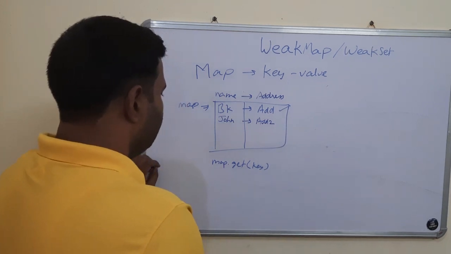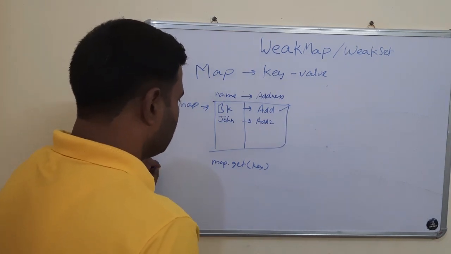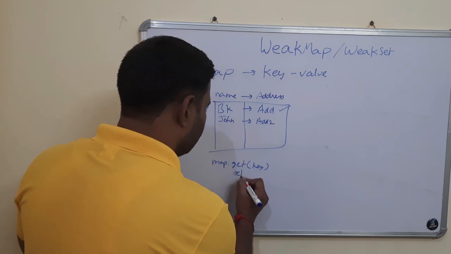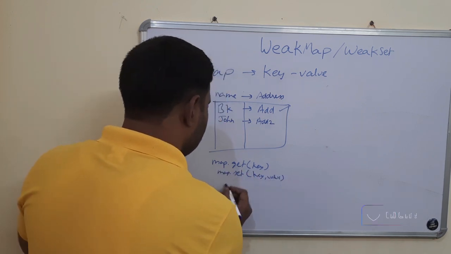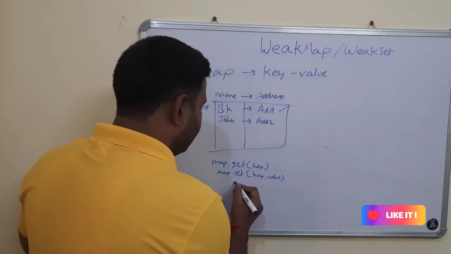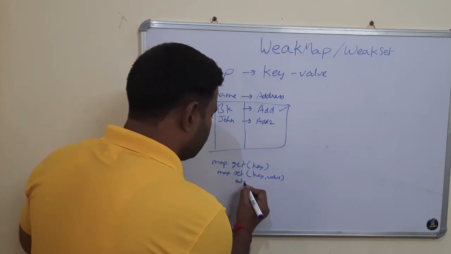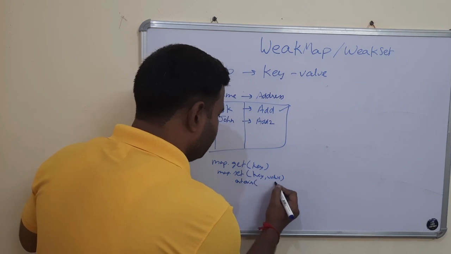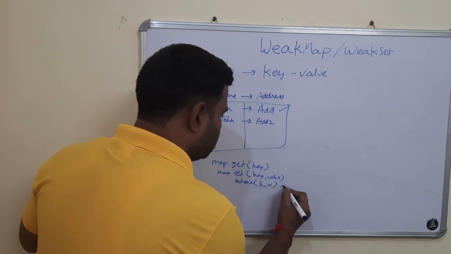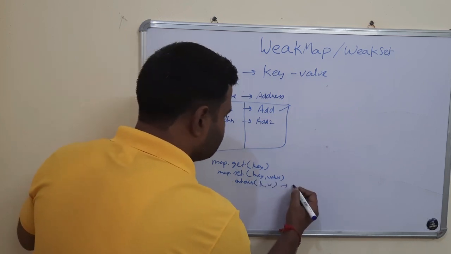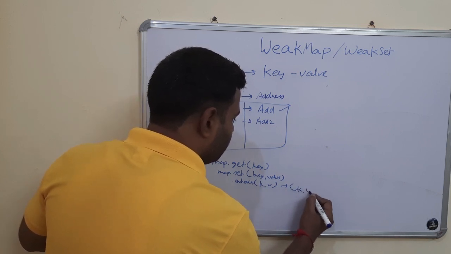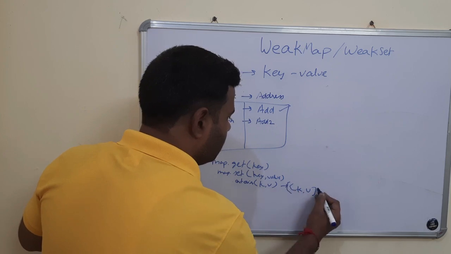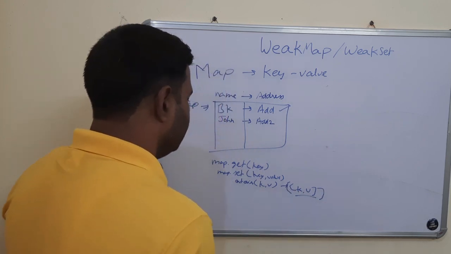Map also has its own functions like set, which takes a key and value, and entries, which returns tuples, basically arrays of key and value, for all the entries existing in this map.